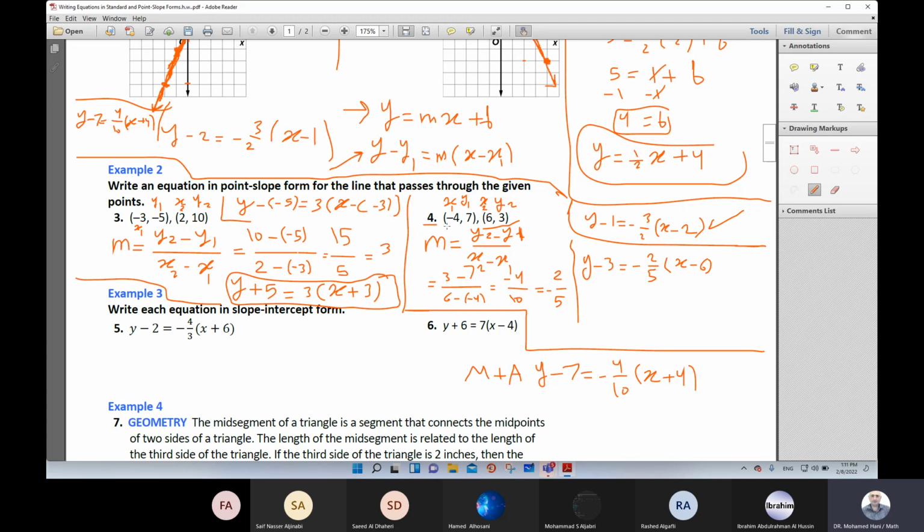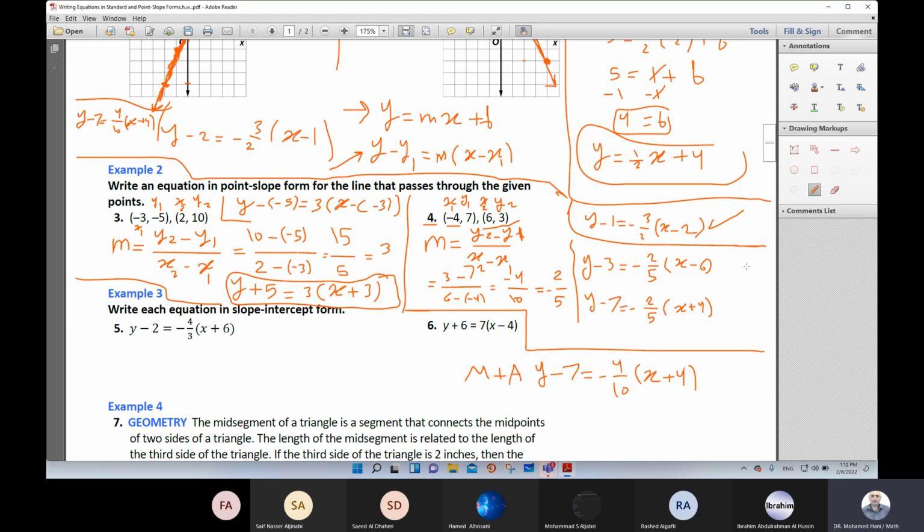You can choose the first point and you can choose the second point. If you choose the first point or if you choose the second point, you will get the same answer. Okay? If you choose the first point, y minus 7 equal negative 2 over 5 x plus 4.